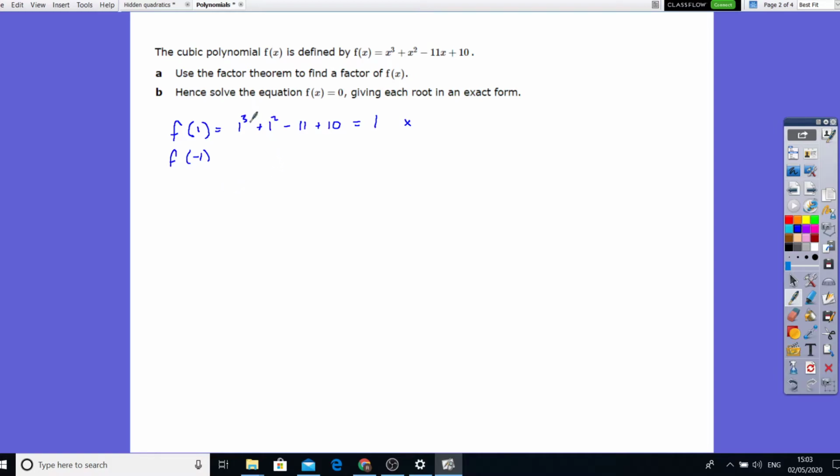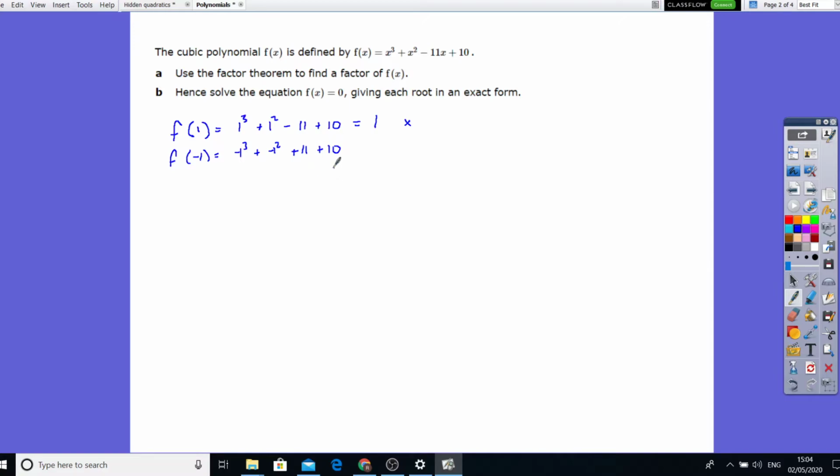Okay, so that's going to give me minus 1 cubed plus minus 1 squared, and minus 11 times minus 1 is going to end up with positive 11, and that's plus 10 at the end.